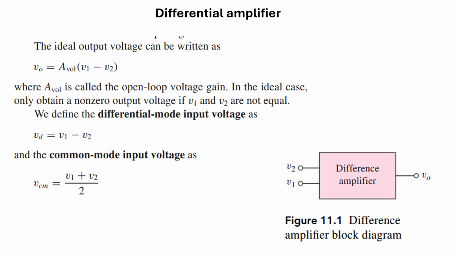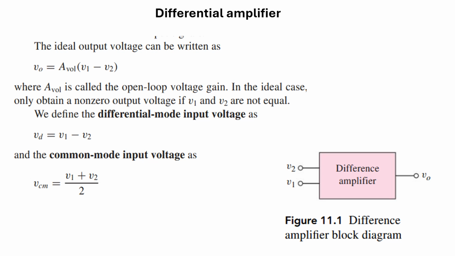So how can we define it? You can check here, the gain can also be calculated. V out will be equal to the gain of your differential amplifier times the difference of the voltages, that is V1 minus V2. Similarly, we can also define the differential mode input voltage, that is VD. VD is always represented as the difference of the two different input voltages that we want to amplify.